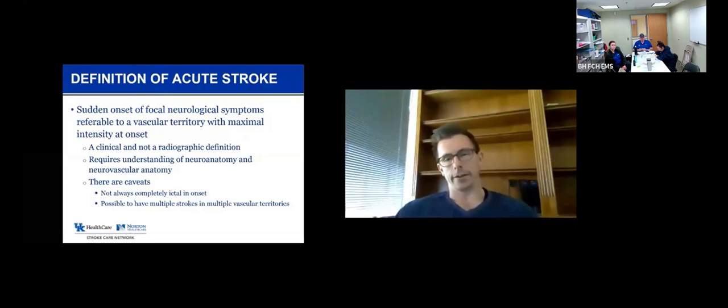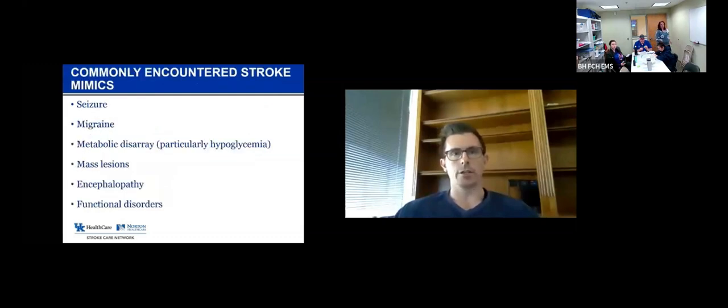And then there are the occasional patients who have multiple strokes simultaneously that can present with a constellation of symptoms that can be a little confusing because they're not referable to a single territory, because there's more than one infarct going on. So just to go over some of the mimics we're going to talk about, most common that we see, those include seizure, migraine, metabolic encephalopathy, brain tumors, more metabolic encephalopathy, and then functional disorders.